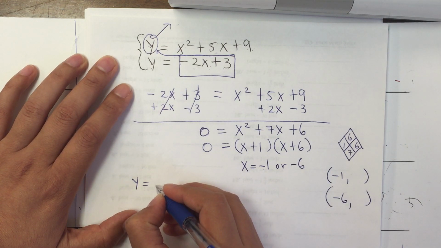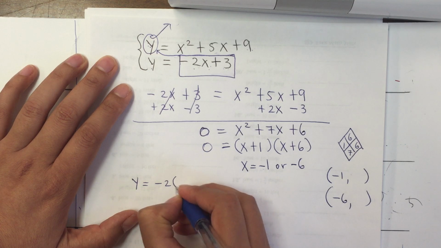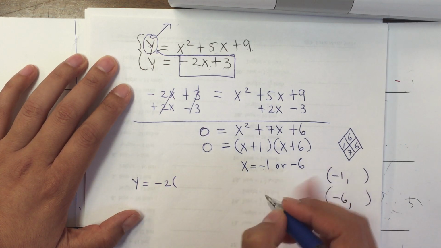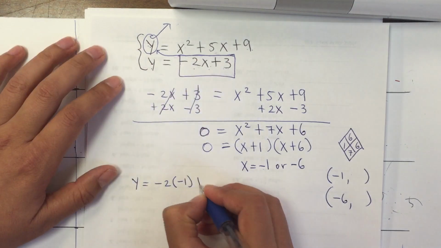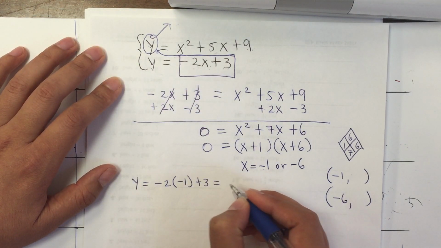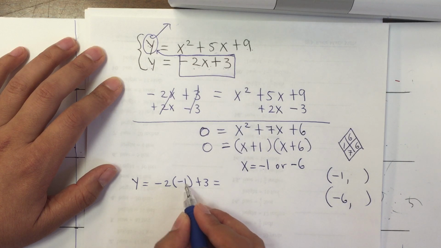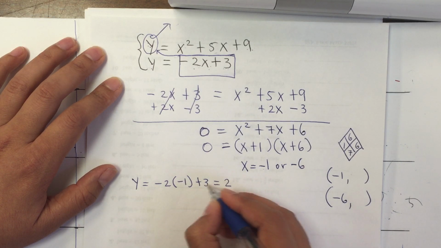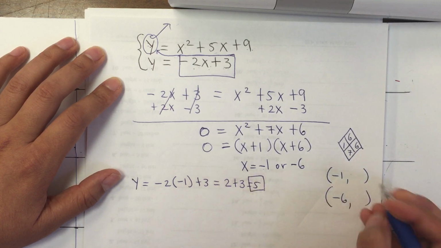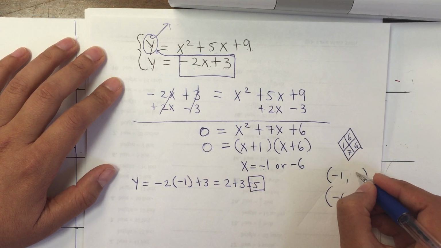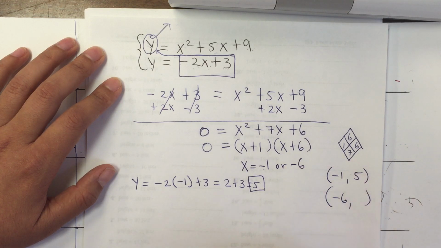So it's going to be y equals -2 times x. X is going to be -1 plus 3. And so that's -2 times -1 is +2 plus 3 equals 5. So that's my y value for the first point.